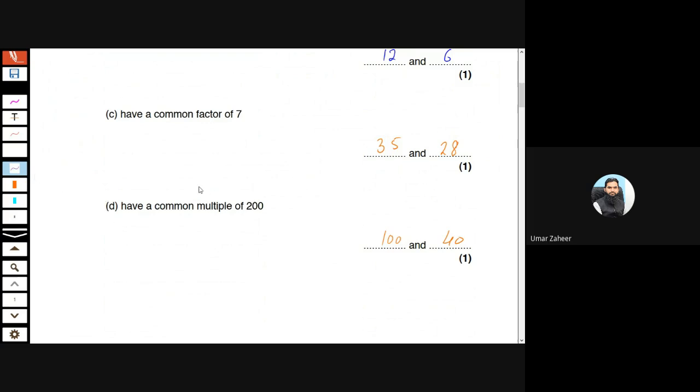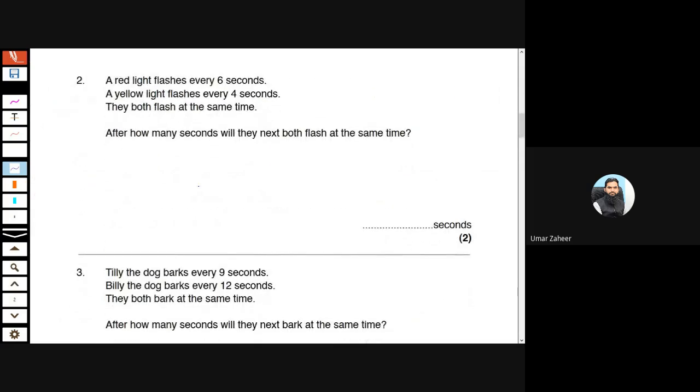All right, let's move to the next one. A red light flashes every 6 seconds, a yellow light flashes every 4 seconds. They both flash at the same time. After how many seconds will they next both flash at the same time? 12 seconds.